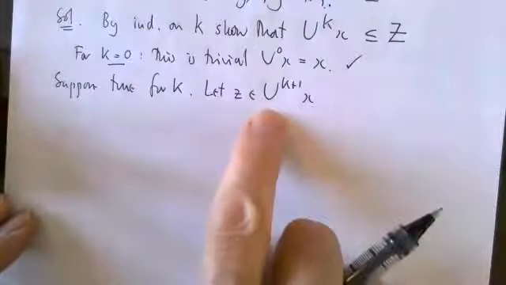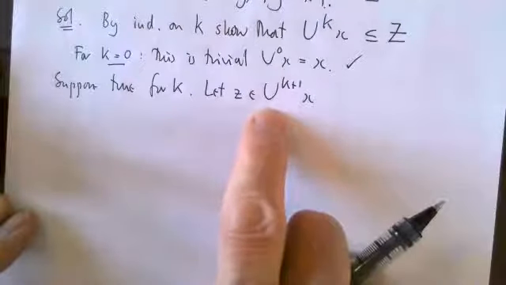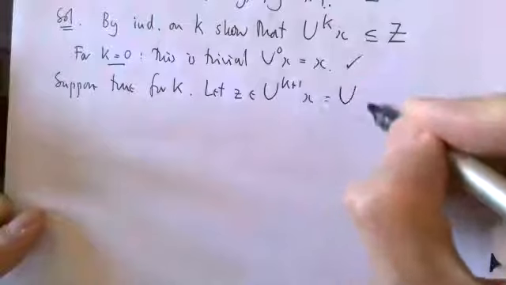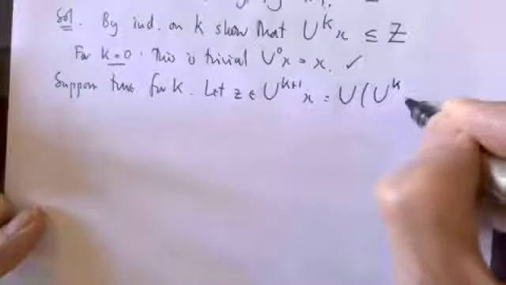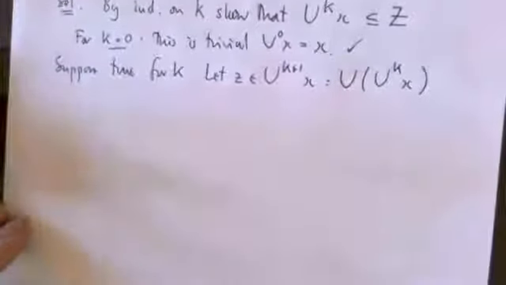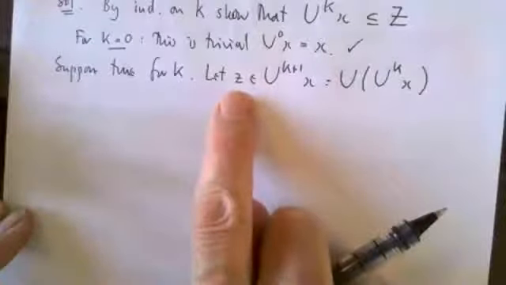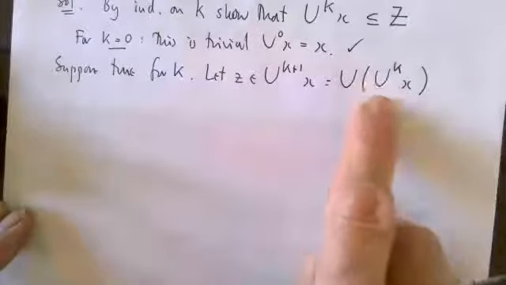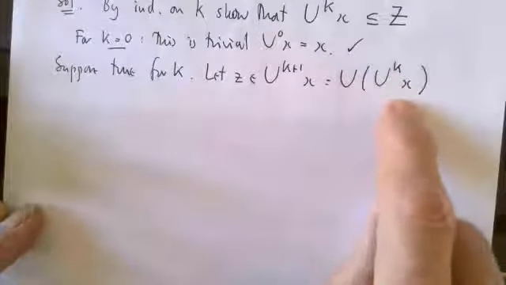Right, so what does it mean for z to be in here? This is the big union of this. So this is saying that z is a member of some member of this here.